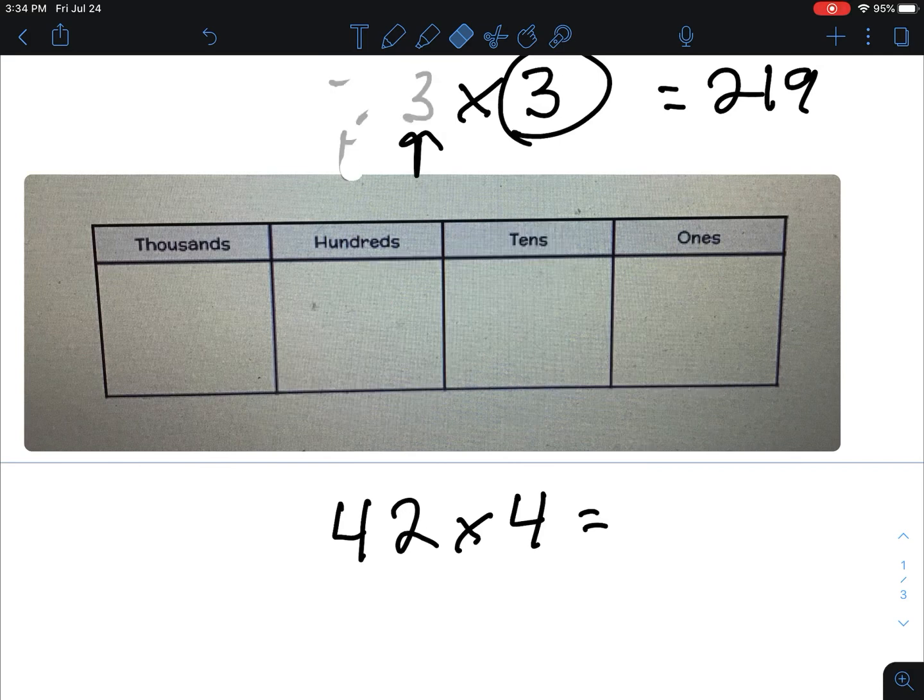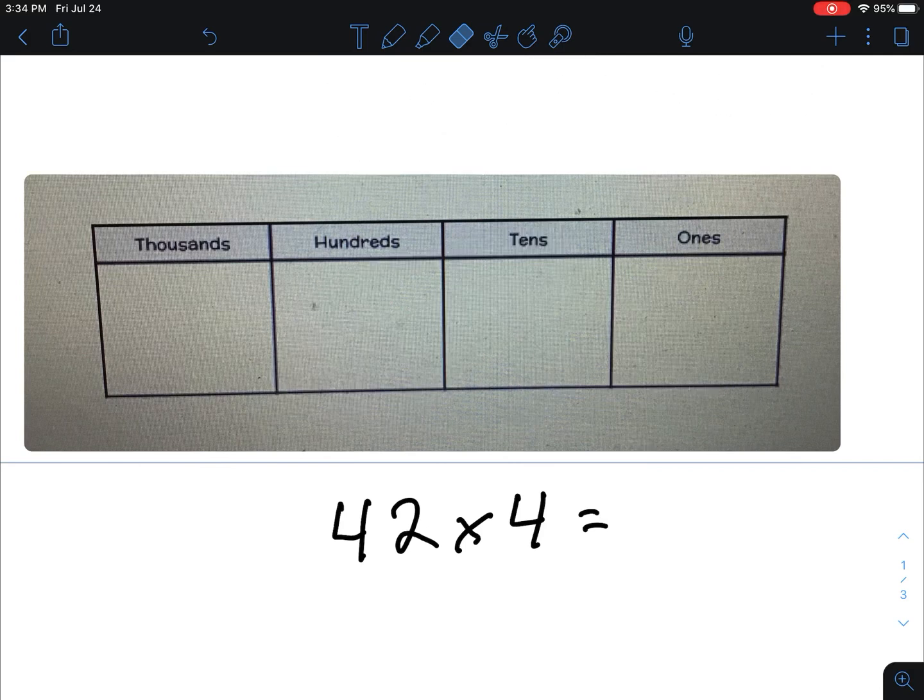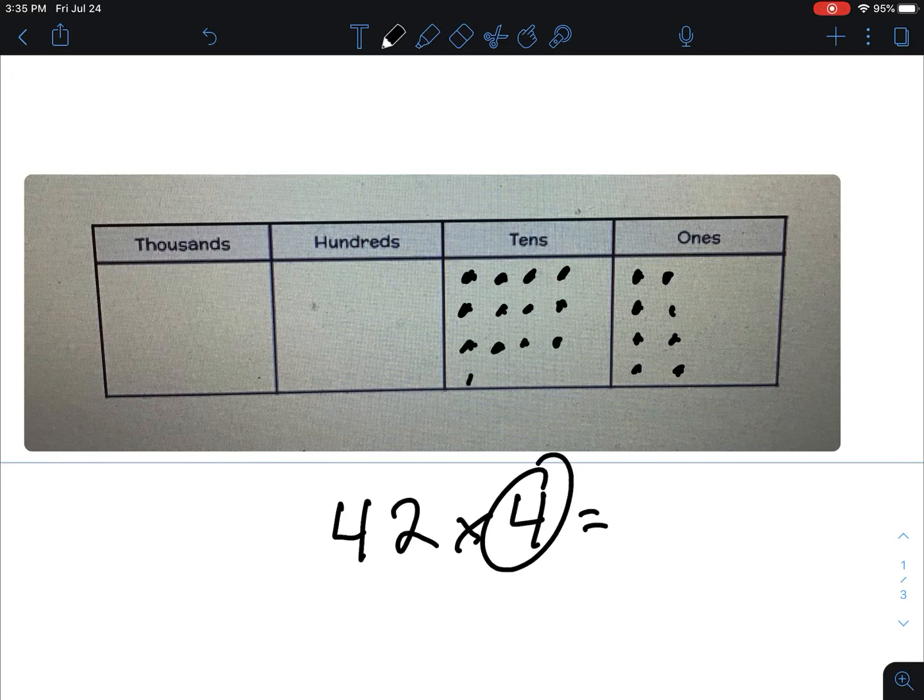All right, so I left that picture up there for you to use if you wanted, but now I'm going to erase because I'm going to use this to show you the answer. So, same steps. I have 2 ones, I have 4 tens, and I want 4 groups of each. There's 2 groups, 3 groups, 4 groups.